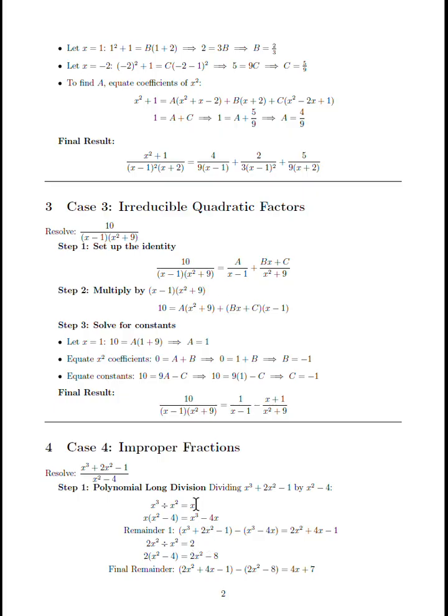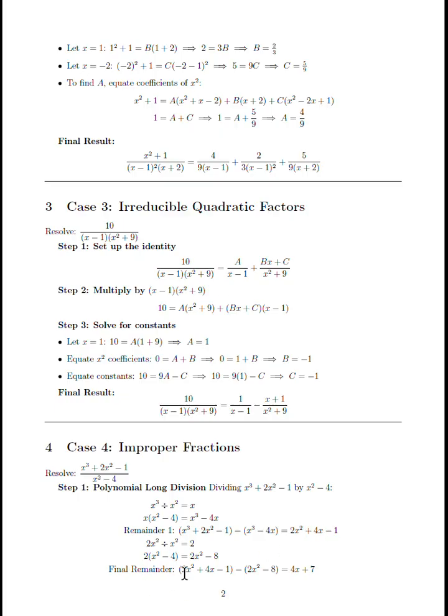So take note of these two results we have gotten from our divisions so far. We've gotten x, we've gotten 2. So we'll keep adding them to each other. So this 2 that we've gotten now, same procedure, we'll multiply it by the denominator, 2 times x squared minus 4. That gives us 2x squared minus 8. We'll use that now to get our remainder by subtracting from the previous remainder.